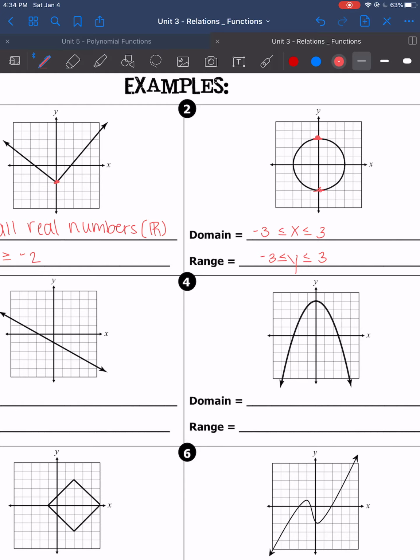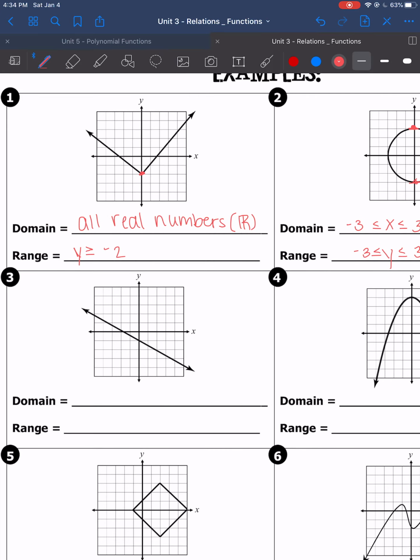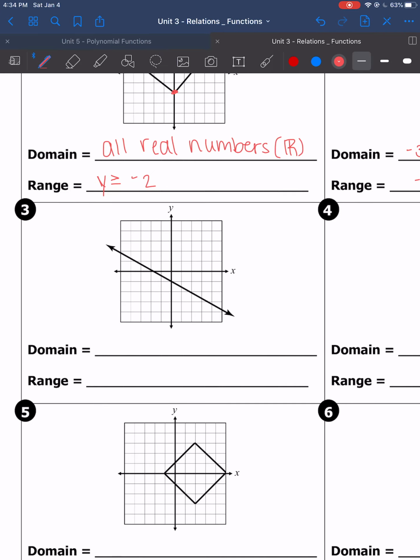So moving on to number 3. As I take my laser pointer across the x-axis, there's a y value for every x value that my laser pointer covers. So we call that domain, and that is all real numbers.